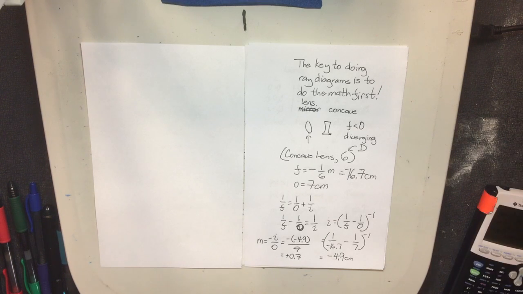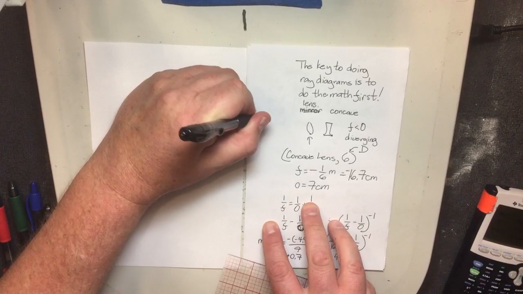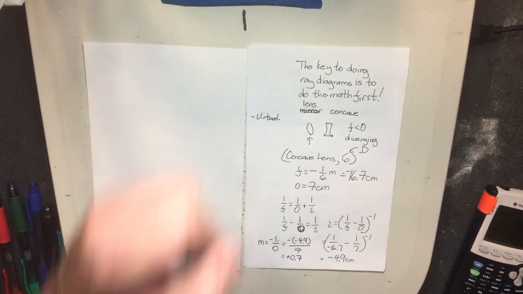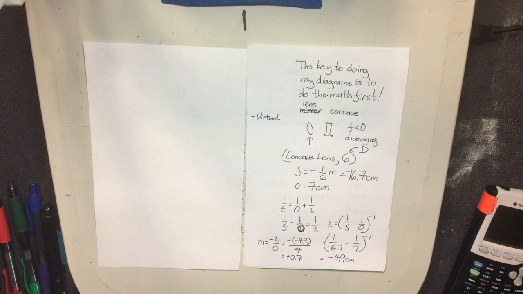Now, because the image distance is negative, am I dealing with a real or virtual image? Richard just shouted out a word, and it's virtual. If the image distance is negative, it is always virtual. Because it's a virtual image, is it to the left or right of the lens?